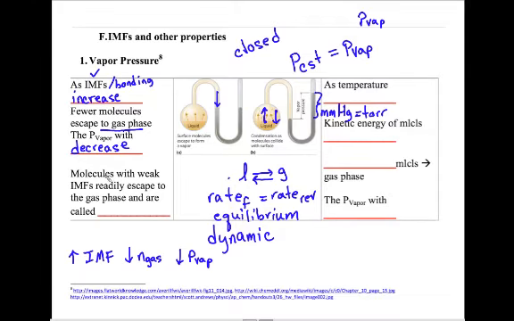Molecules with weak intermolecular forces readily escape to the gas phase, and we have a special word for those. It's called volatile. If we say somebody has a volatile temper, it means they get angry easily. Well, volatile substances go readily from the liquid phase to the gas phase. So that's part of our conversation.